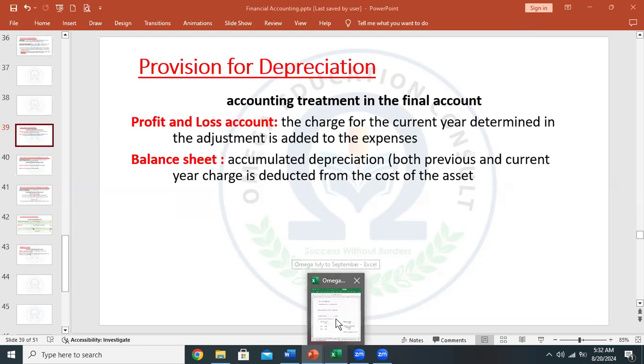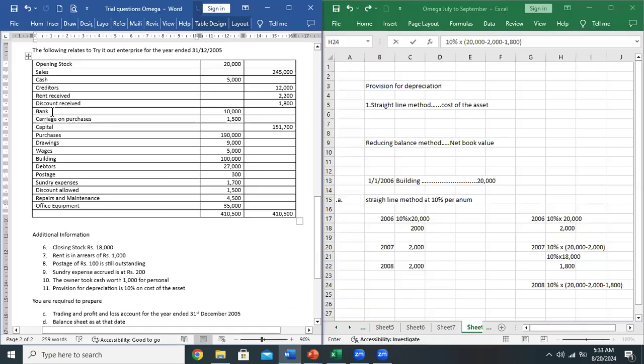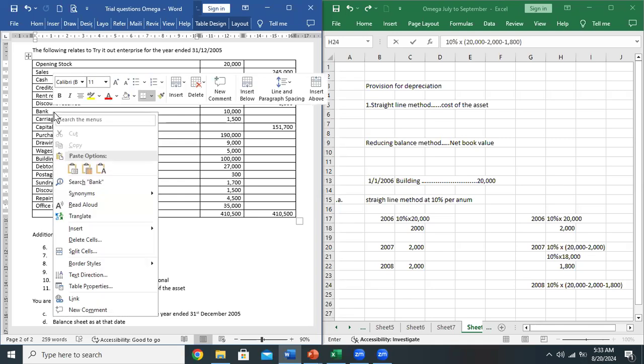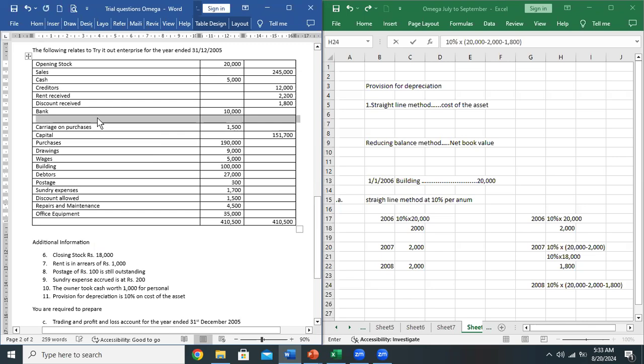So let's apply this idea here. Now, let me do something here so that maybe it will make sense. Let me put previous depreciation in the question. Okay, so let's assume that there was previous provision for depreciation on just the building.